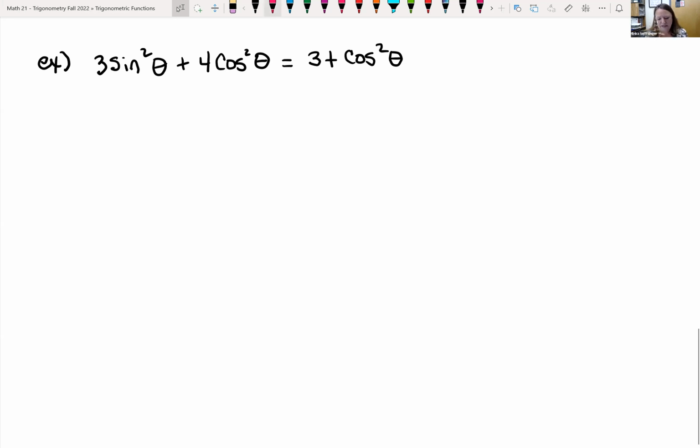So looking at the more difficult side, it looks like the left-hand side is more difficult. So let's just work on that side.